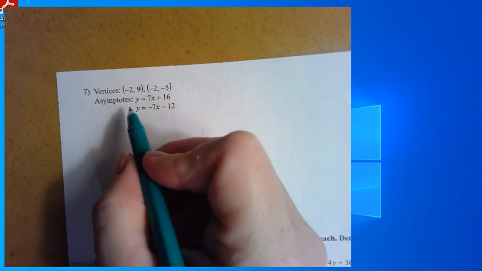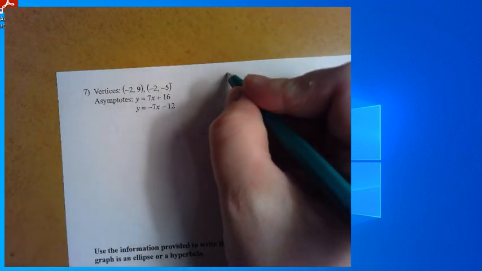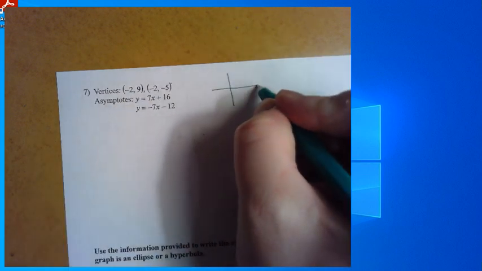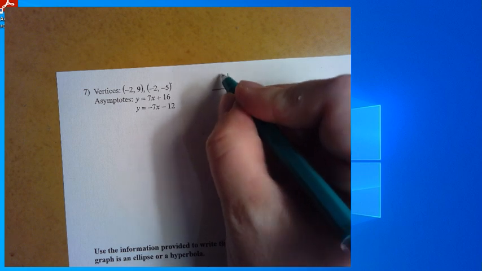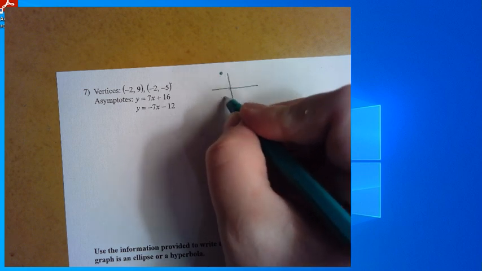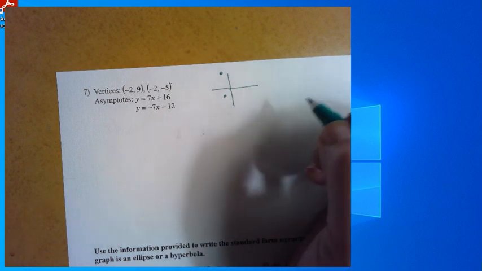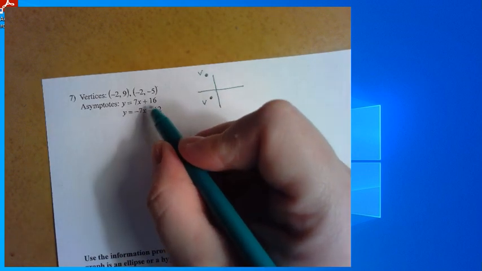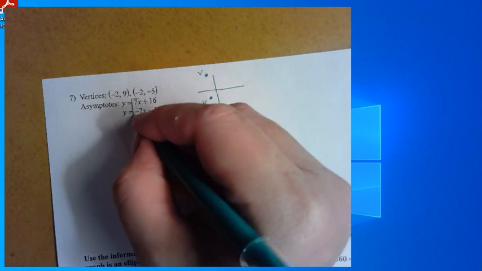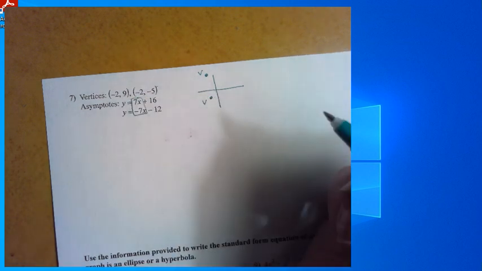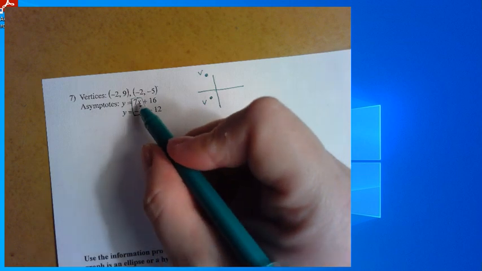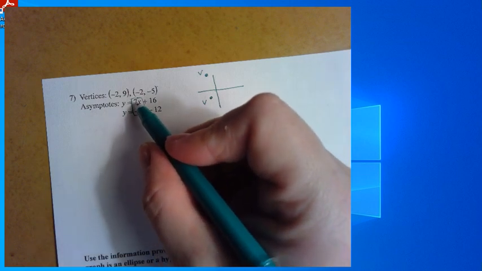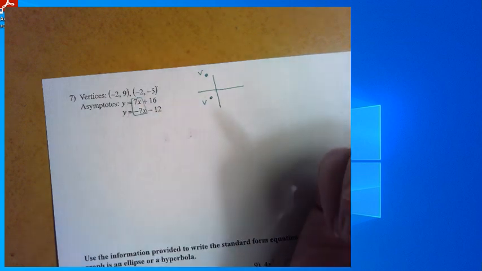So doing number 7, the vertices, let's draw this out. The vertices are -2, 9, -2, -5, somewhere in this ballpark. This is a vertex, and the asymptotes are telling me something. If you remember, the asymptotes are telling you, first of all, what is the slope?